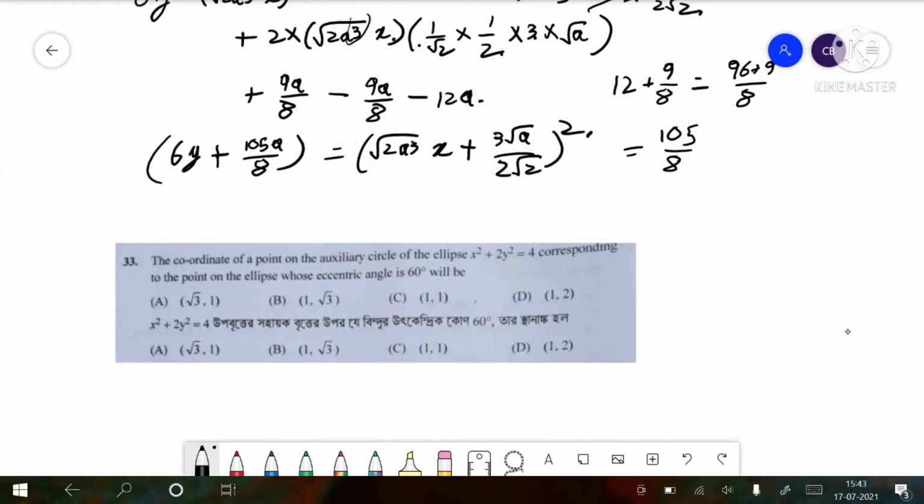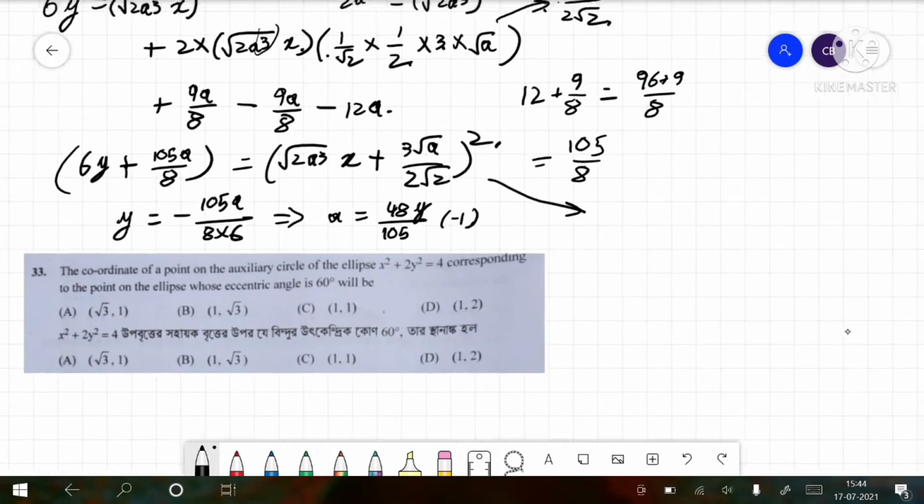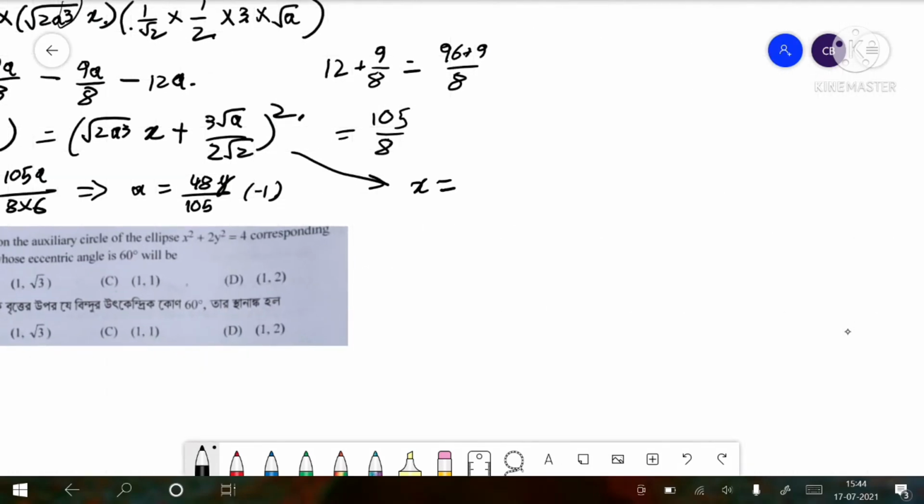Now from this we can see for the vertex y, we can say that y is equal to minus 105a by 8 times 6, so we can say this implies that a is equal to 48 by 105 y times minus 1 obviously.